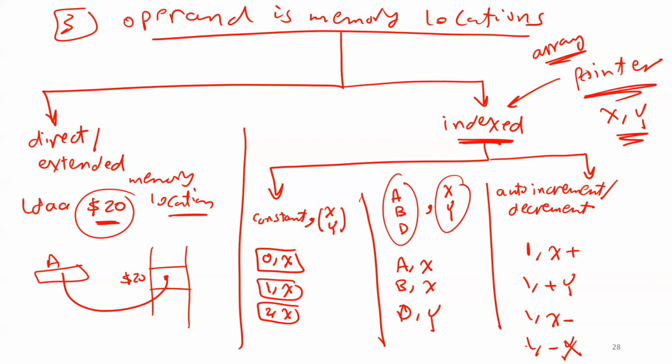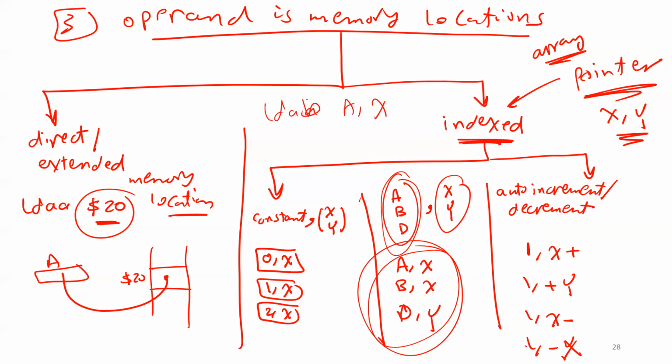Number 2, I can make it this way: a comma x, b comma x, d comma y. So I can use one of these registers a, b, d, x or y. Again, if you see something like that in your program, for example, load register b, a comma x, what does it mean? This is one of the formats of memory.